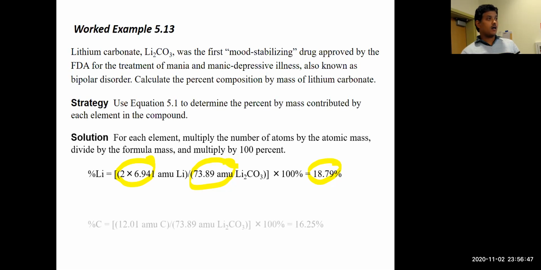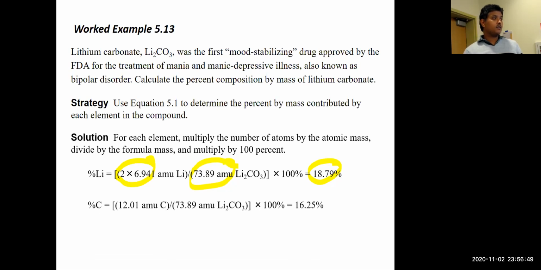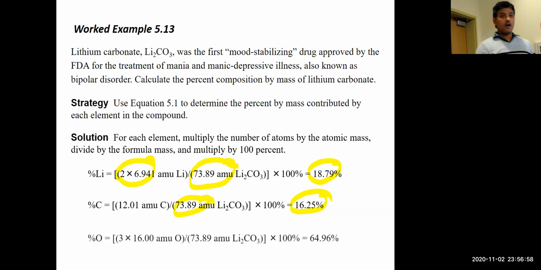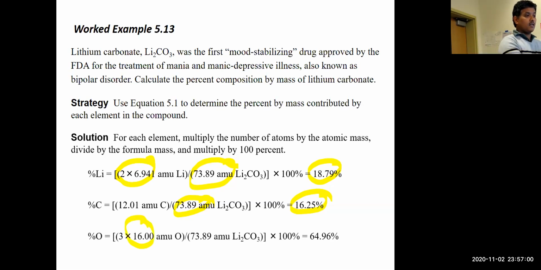Let's calculate for carbon. There is only one carbon, so 12.01 over 73.89, so you have about 16% carbon. And for oxygen, you have three of them over 73.89, so you have about 65% oxygen composition.